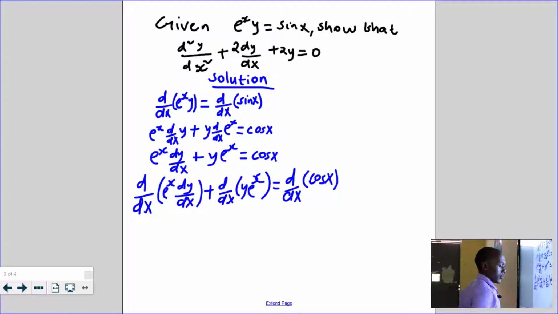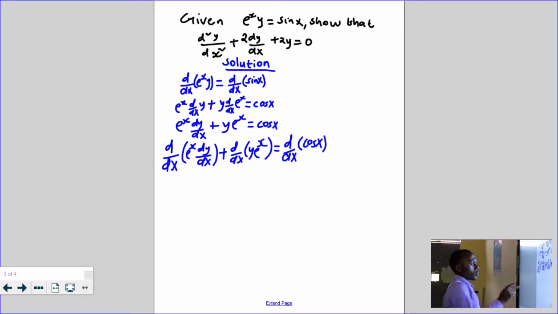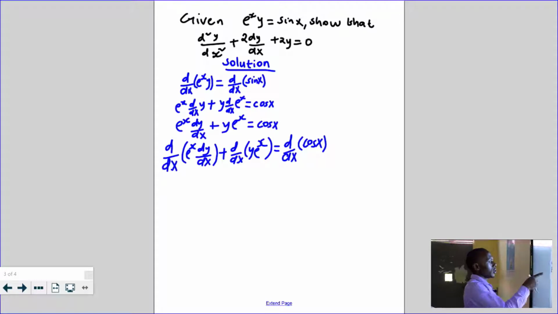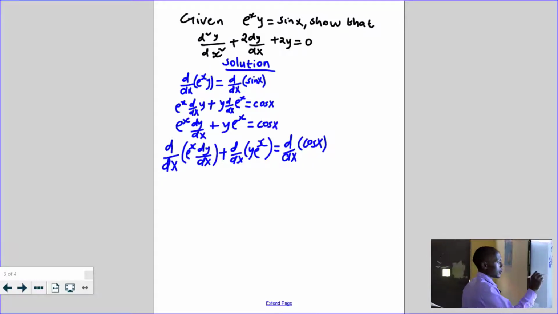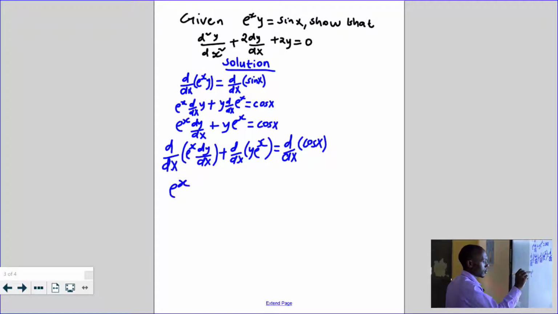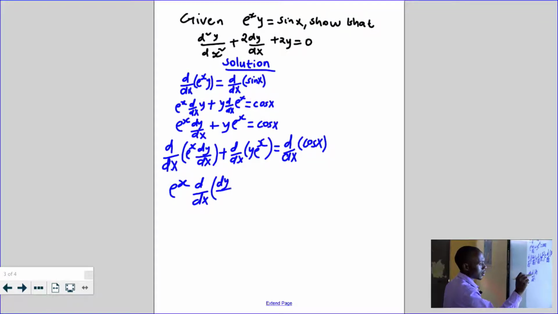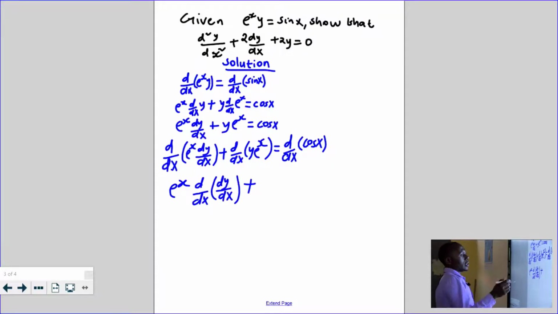Now differentiating this one, we said we hold e^x the first time, that is the first attempt. Let us hold e^x, then let us differentiate the dy/dx. Then plus, let us now hold the dy/dx.